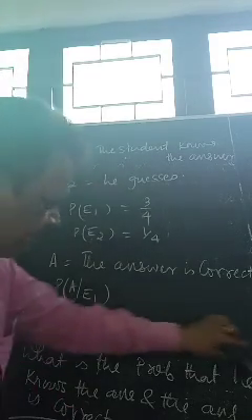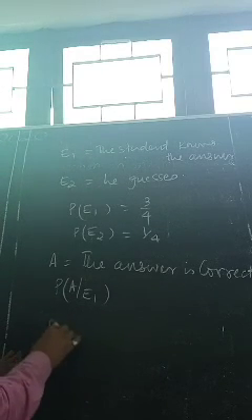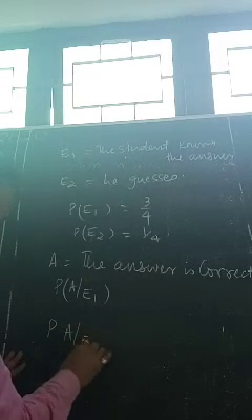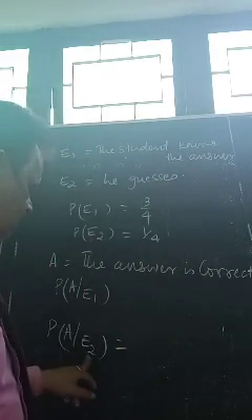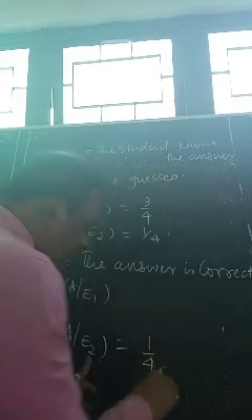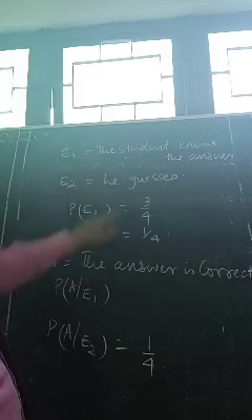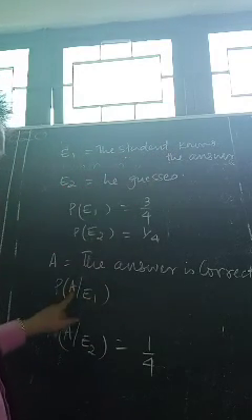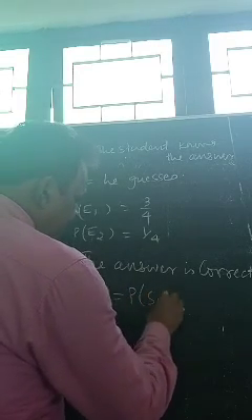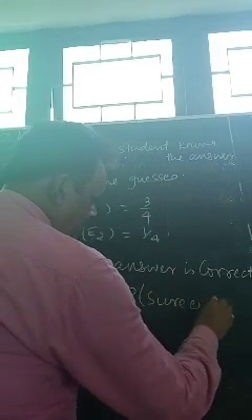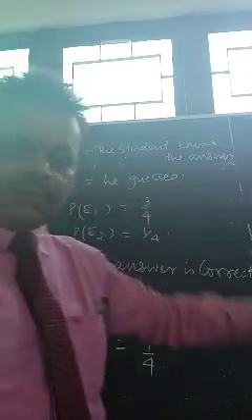And what is probability A of E2? The answer is correct, he guesses. This is given you 1 by 4. Now student knows the answer and it is correct. That means this is sure event. Probability of sure event, its probability is 1. So we got all the data here.